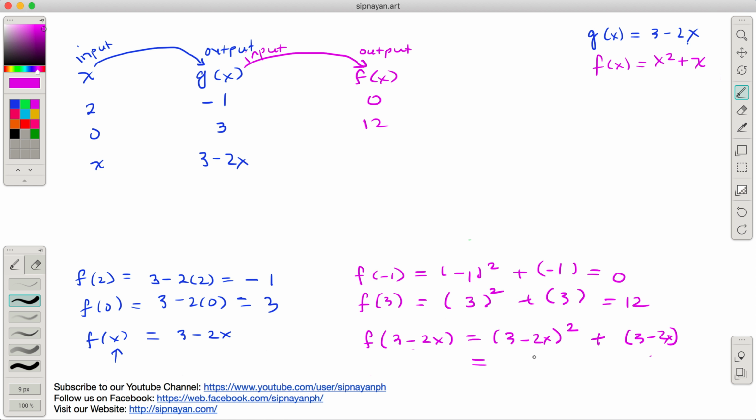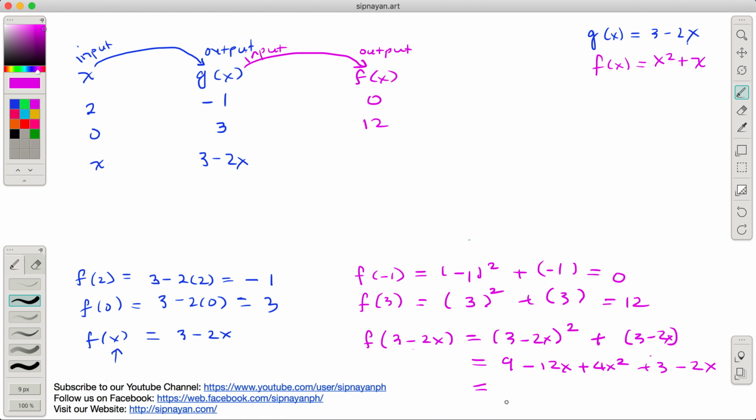So, hindi ko na ito isa-isahin, ano? I-assume ko na alam nyo na yan. Aralin nyo na lang kung nakalimutan nyo. So, this is 9 minus 12x plus 4x squared. Dapat kaya nyo na yan at this stage. If you're in grade 11, dapat kaya nyo na yung i-mental no, yung pag-expand. And then I have plus 3 minus 2x here.